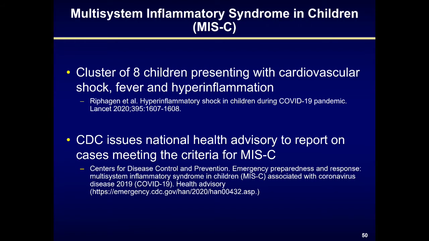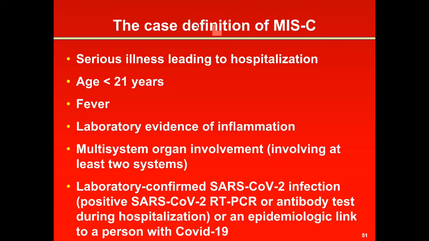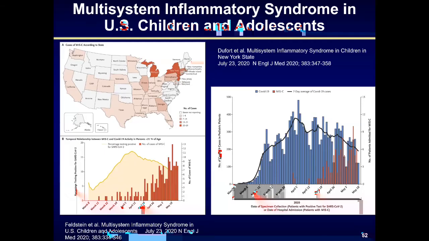And then in early May, the CDC issued a national advisory to list the criteria for when you might look for this in someone. And so it was in children less than 21 with a serious illness leading to hospitalization, high fever, laboratory evidence of inflammation, and multi-organ system involvement, along with laboratory confirmed SARS. And this is where antibody testing can be quite useful.